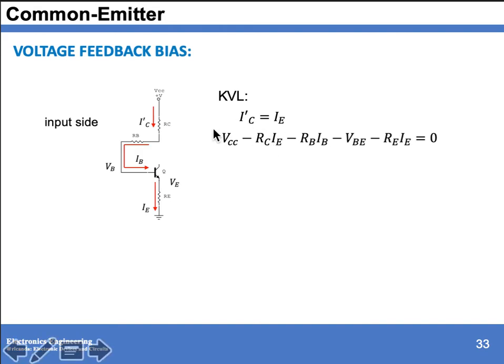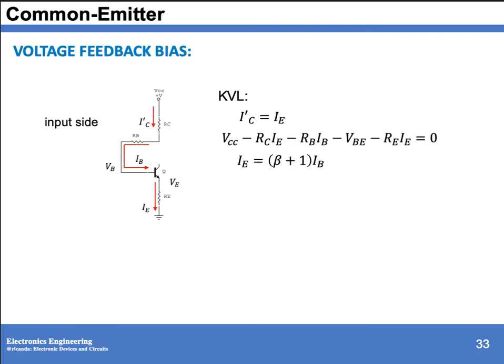So this is now IE because IC prime is equal to IE. Then minus RB IB minus voltage base-emitter minus RE IE. And we have to express IE in terms of IB, which is beta plus 1 times IB.